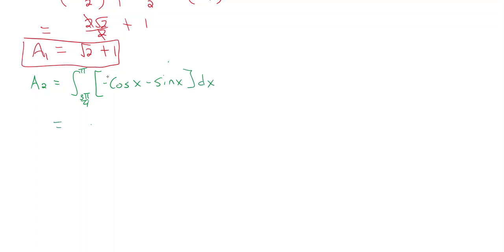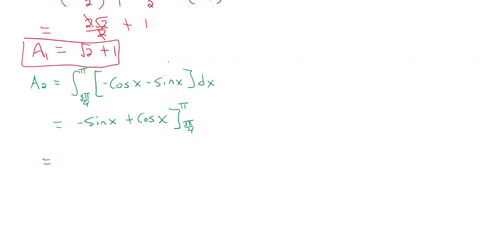The antiderivative for each of these: this becomes negative sin x, and the derivative of sin x is negative cos x, so this will now become positive cos x, from 3 pi over 4 to pi.